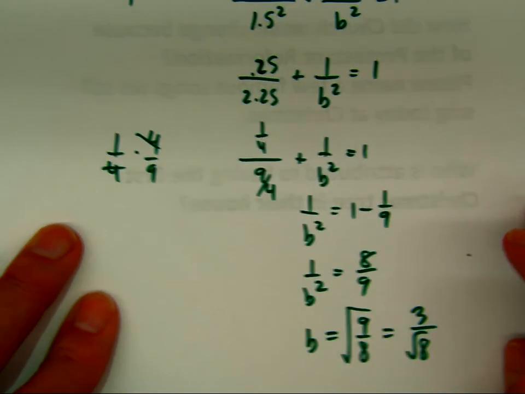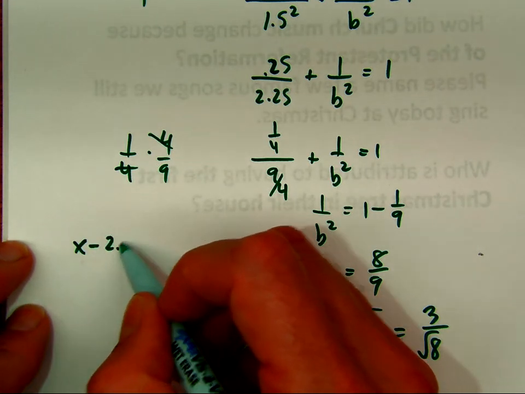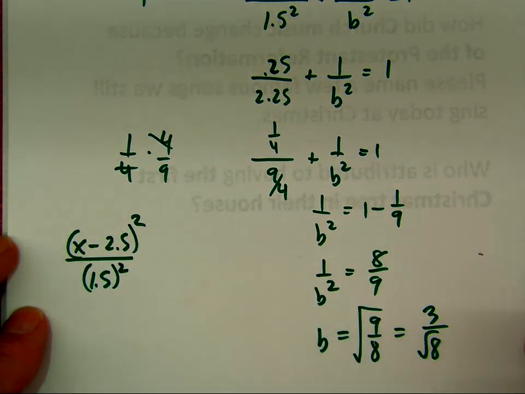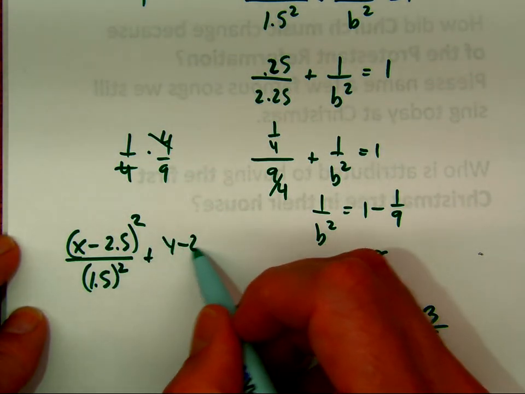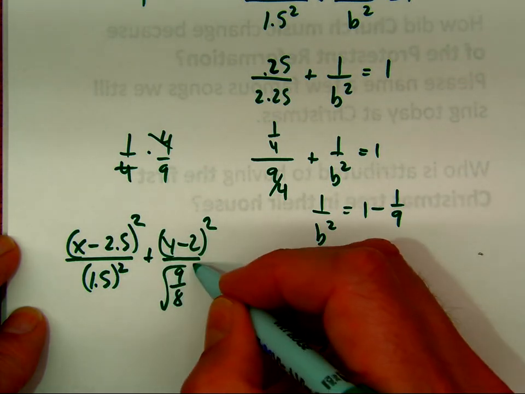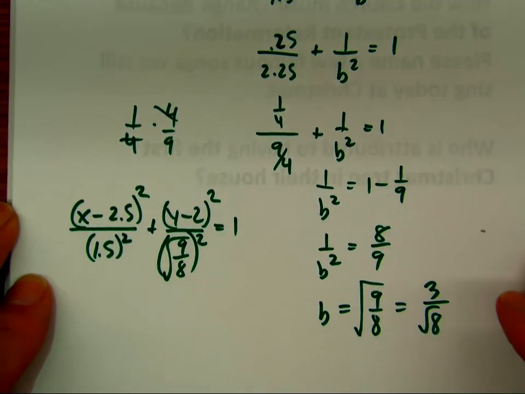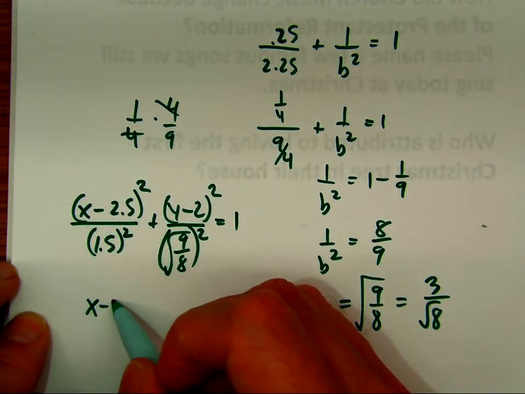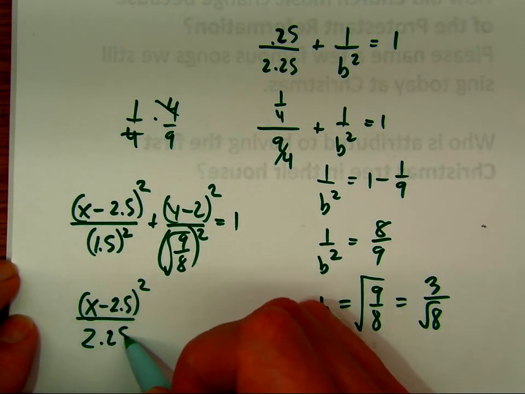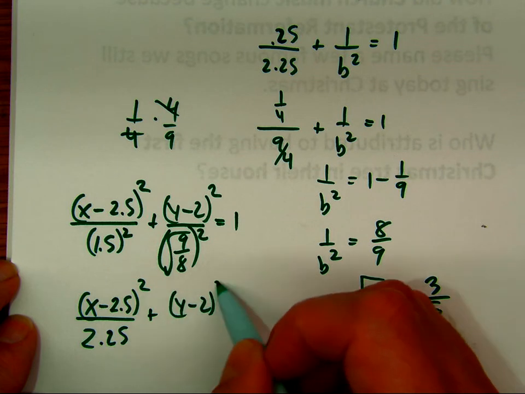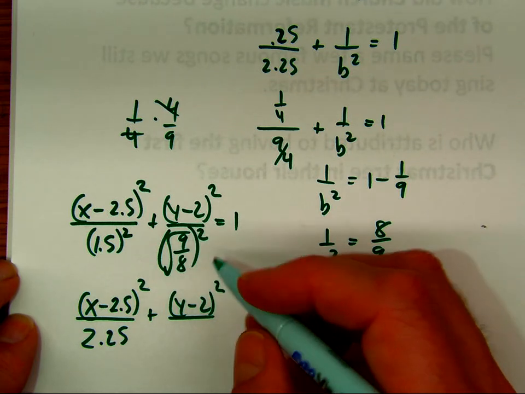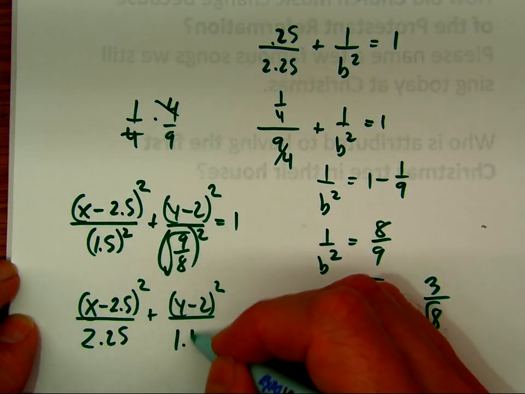the equation. And we'll have x minus 2.5, over the square root of 9 over 8, squared, and this will be 1 1/8, so 1.125.